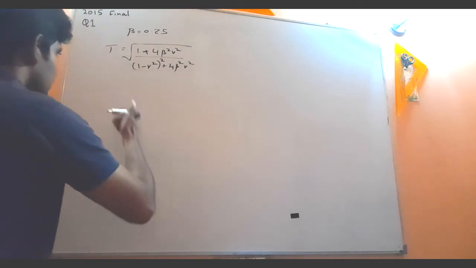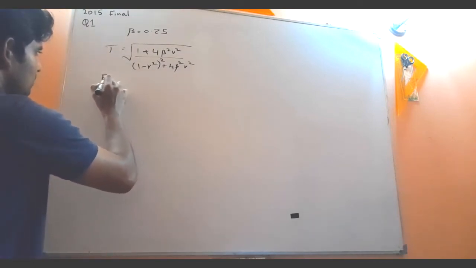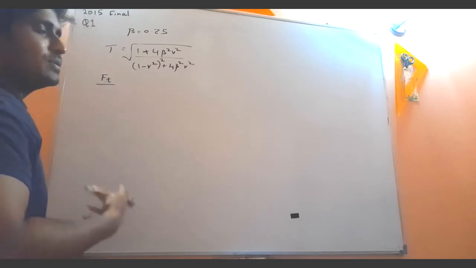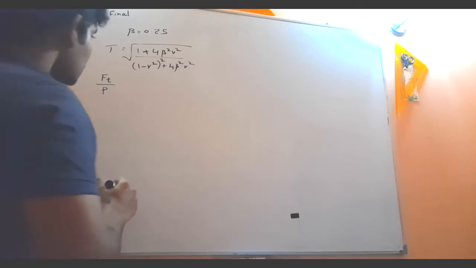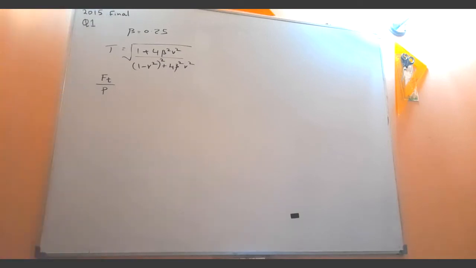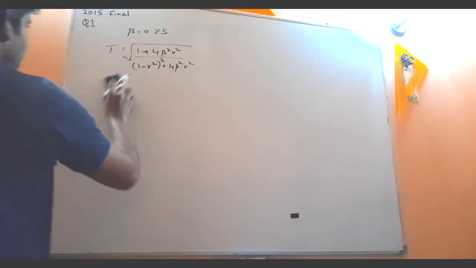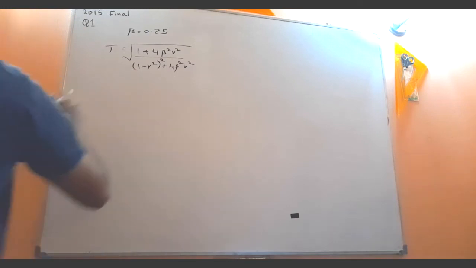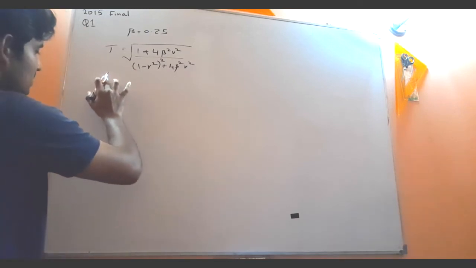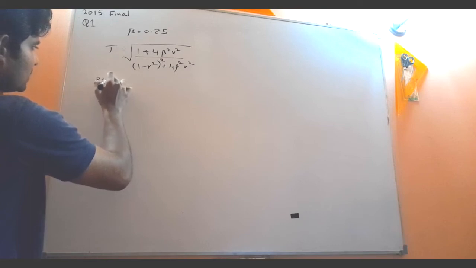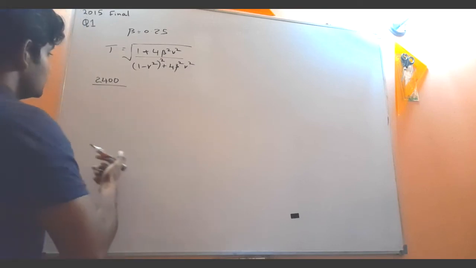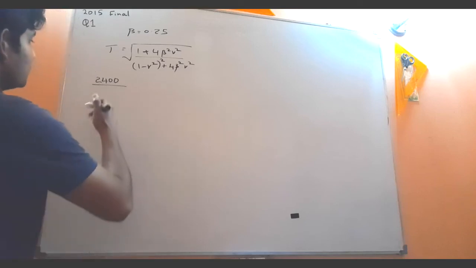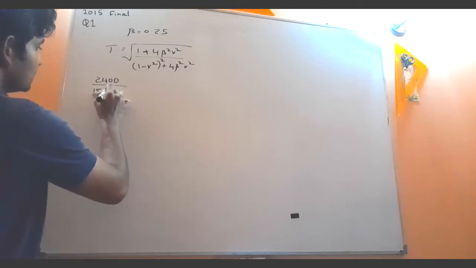That is the ratio of the force transmitted to the ground divided by the magnitude of the excitation force, which is P. Ft has not changed, so that is 2400. Magnitude of the excitation force is 15 kilonewtons, that means 15,000, right?